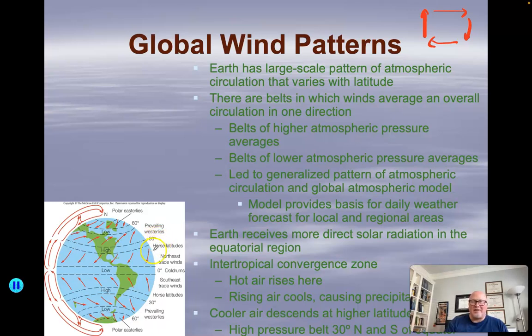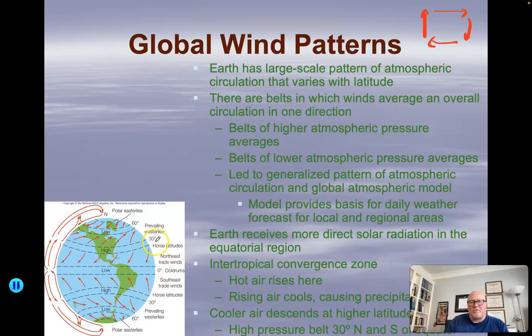The horse latitudes actually get their name from the fact that ancient sailors would either have to eat their horses because they would be trapped there, or they would end up throwing their horses overboard because there was no way to support them. They were running out of food. And so we call these latitudes here the horse latitudes.